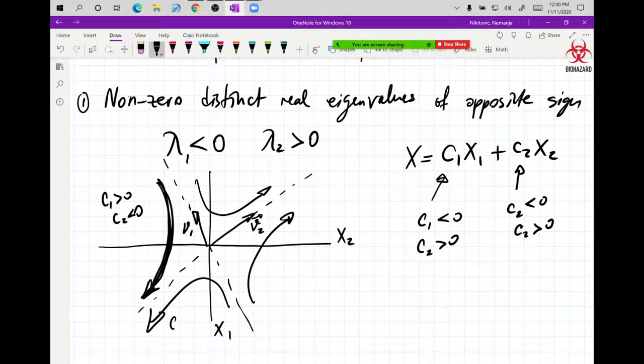So now you just go around and say, C1 larger than 0, C2 larger than 0, and opposite, so C1 less than 0 and C2 more than 0. Now, once you solve for your C's, you will know which one of these solutions is your curve.